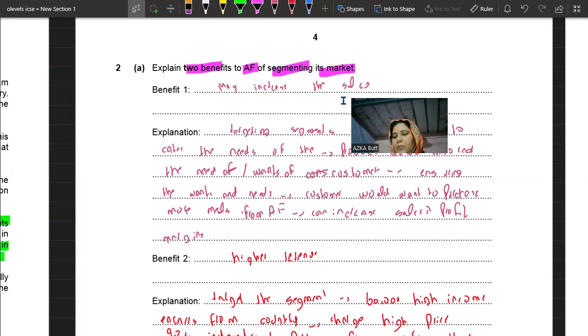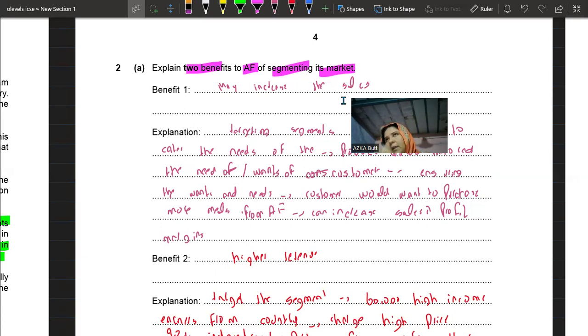And also, setting the prices is now easier for you, because you know that you're targeting high income earners or maybe low income earners. So you know, if you are maybe using price skimming and price penetration, you know better what your customers demand from you, because you now have a target customer.